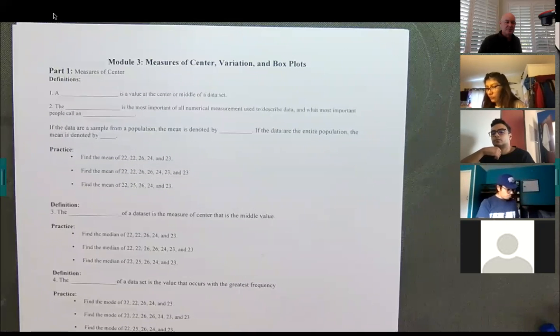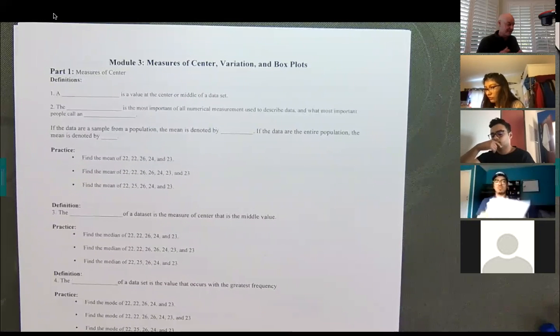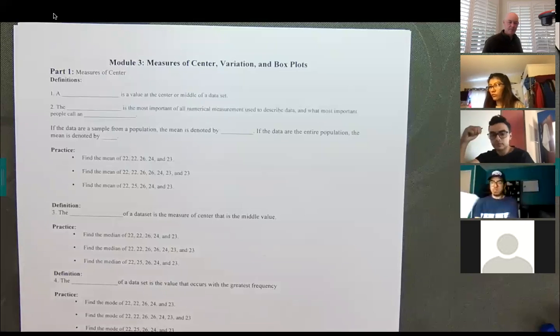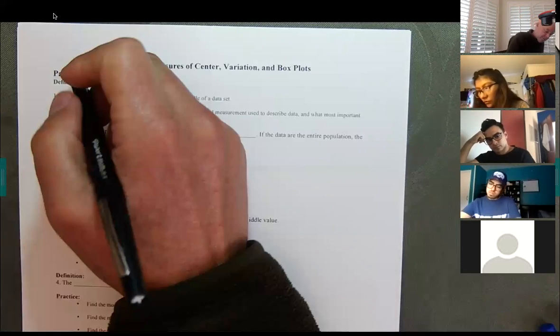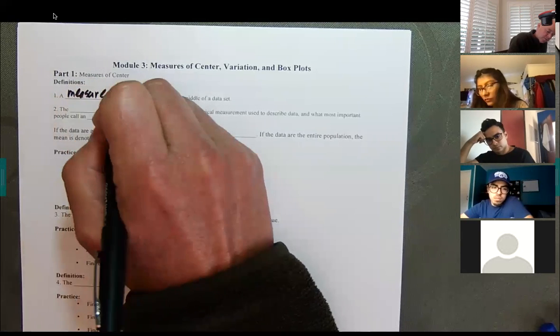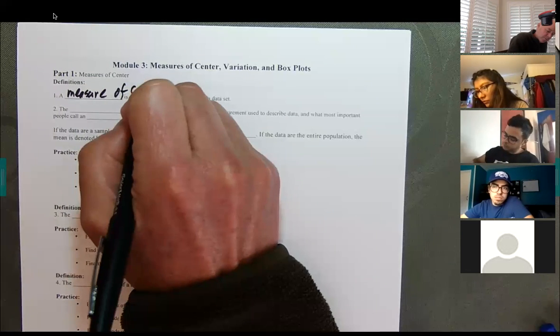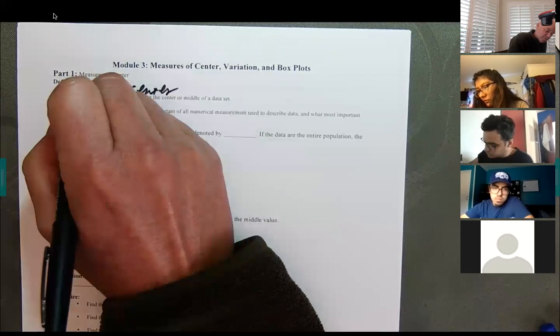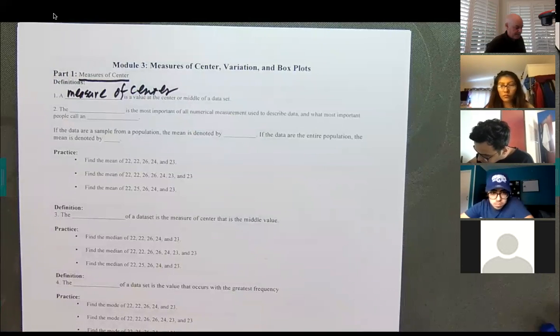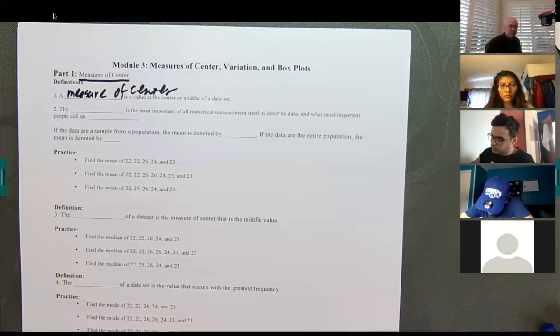All right, so chapter 3, we're going to start with measures of center. Measures of center is how do we find the middle of a data set?